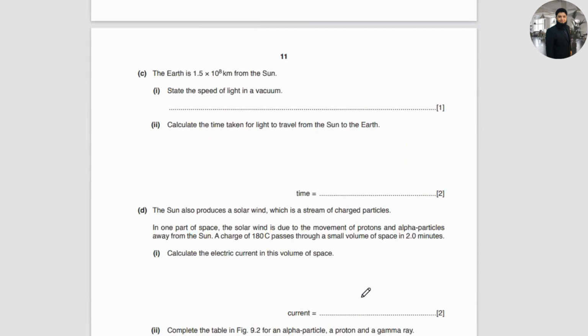The earth is 1.5 multiplied by 10 raised to the power 8 kilometers from the sun. State the speed of light in a vacuum, and it is 3 multiplied by 10 raised to the power 8 meters per second, the speed of light. Always remember this number. Calculate the time taken for the light to travel from sun to earth.